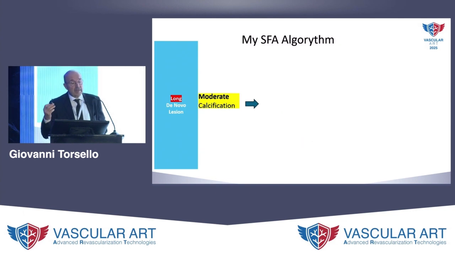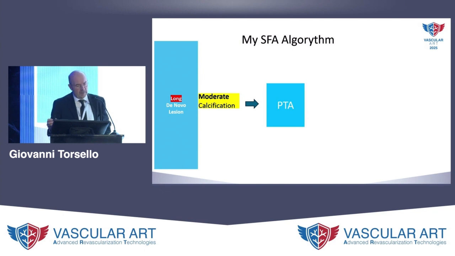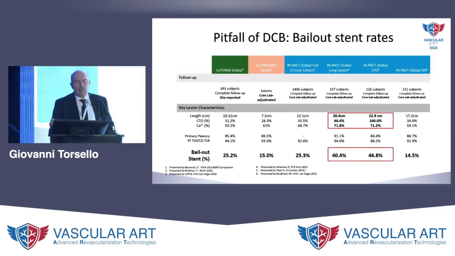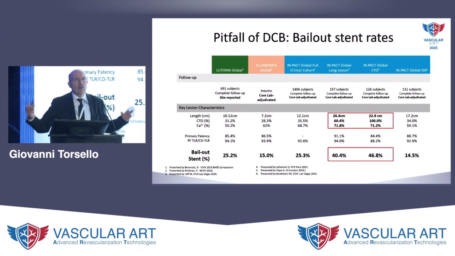If we have a long lesion and the calcification is moderate, well, PTA, it's possible. It's also possible to use a drug-coated balloon, and as mentioned in case of dissection or recoil, drug-eluting stent. But we should be aware of the longer the lesion, the higher the risk of bailout stenting.